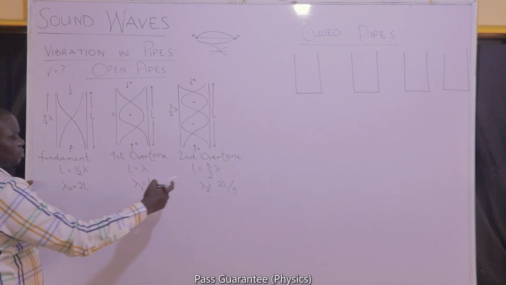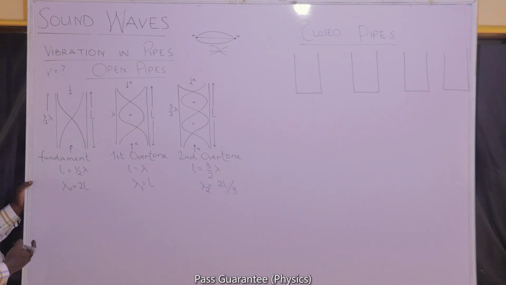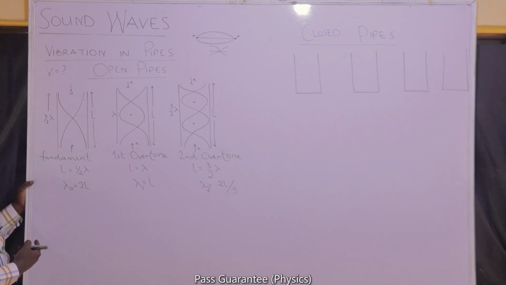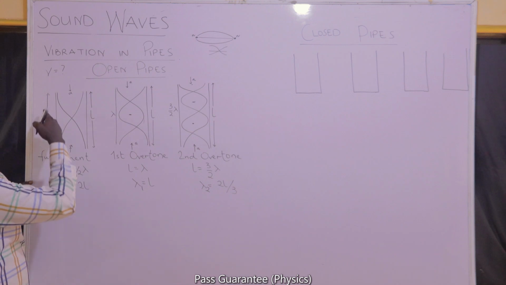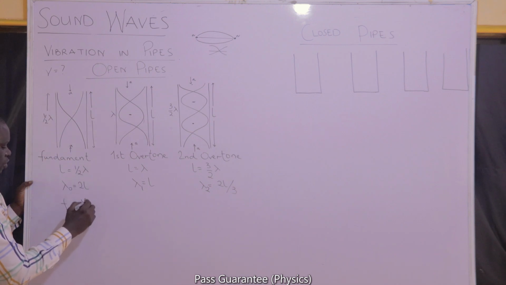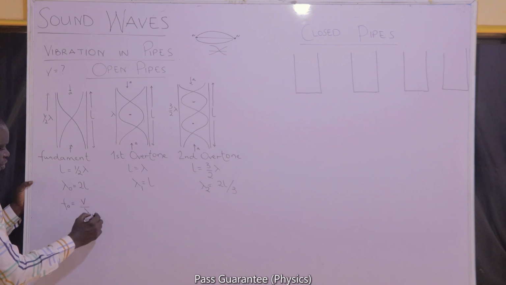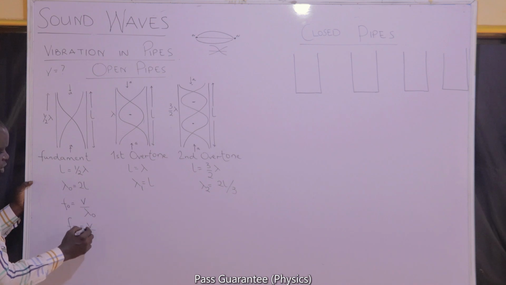Now that I've been able to get the equation for the wavelength, I can get the equation for the frequency. Frequency again is velocity all over wavelength. So the fundamental frequency will be obtained from the fundamental wavelength. You will discover that F naught will be equal to V all over 2L.